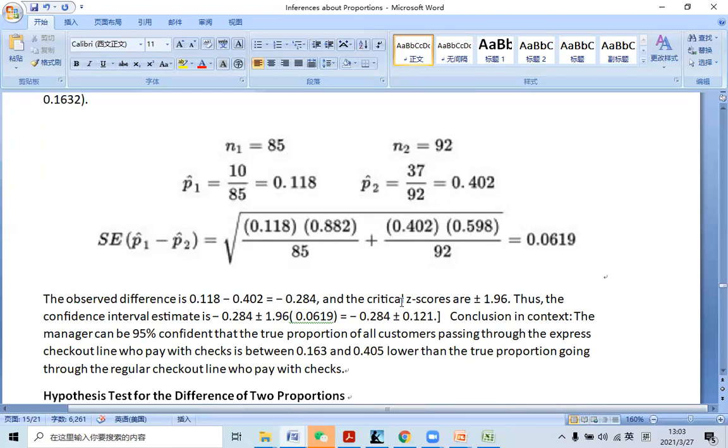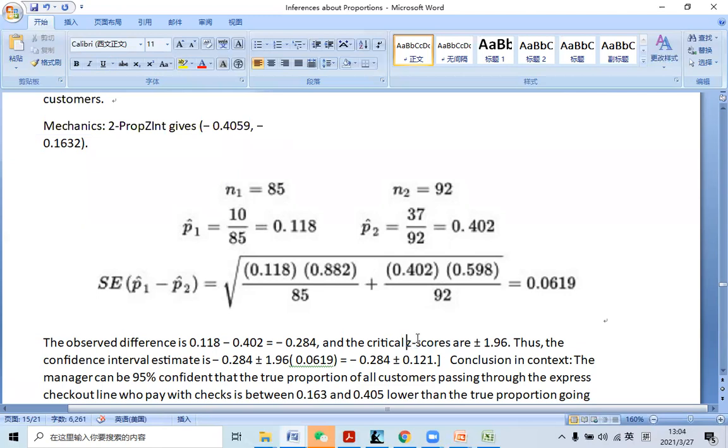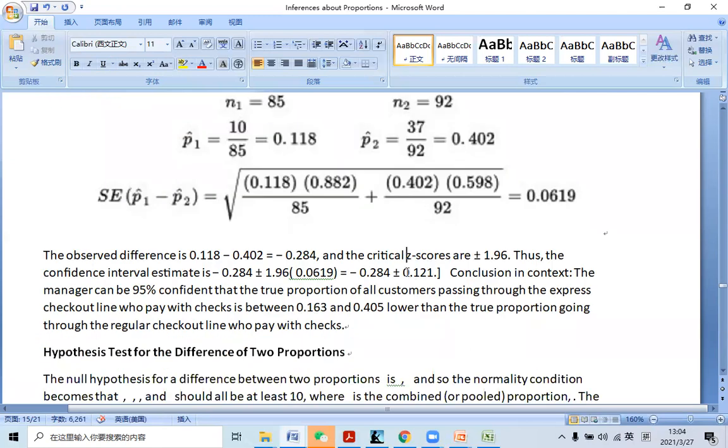And now you need to find a critical z value, the z-score. Now you are using the normal distribution to get the proportion. You want 95% on the normal curve.